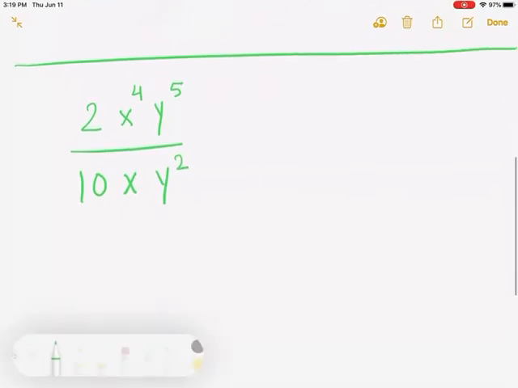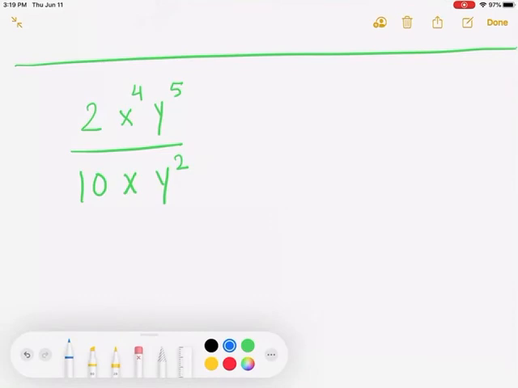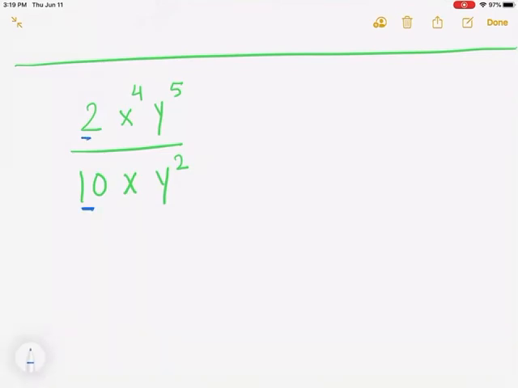First of all, I would simplify the numbers first because it's easier to reduce. So I have 2 divided by 10. If I ask you to reduce that, could you do that? Do they have a common factor? Yes, they both go into 2, so I could reduce it by 2. So this becomes 1 and this becomes 5. I know at least I'm done with my numbers. The number is definitely going to be 1 on the top, 5 in the denominator.